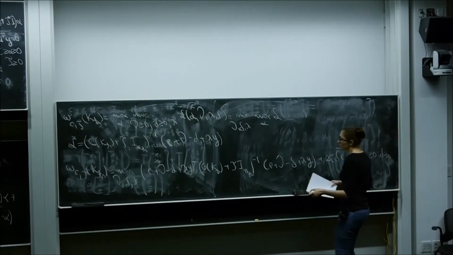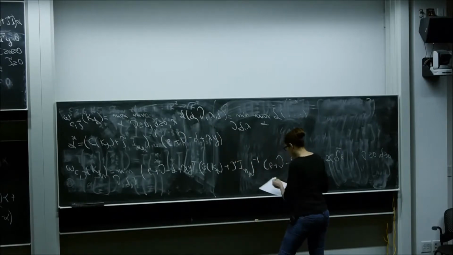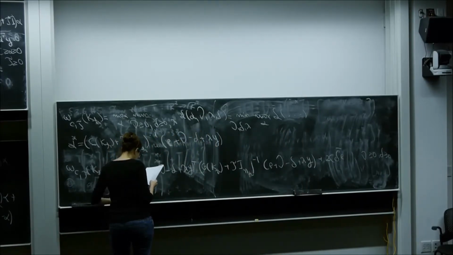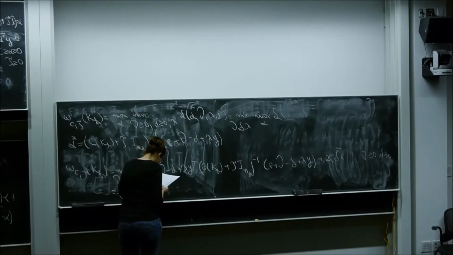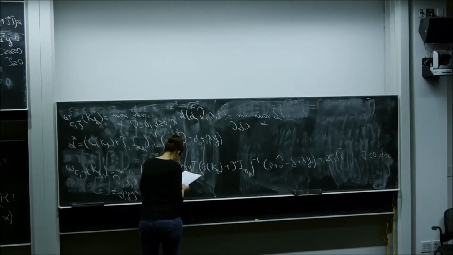And we're just going to call this complicated thing W of eta, delta, and lambda.